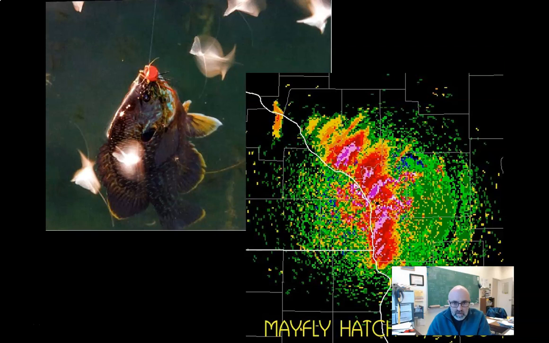And this is one other example of this. I want to say this is the Missouri River or Mississippi River, and this is Doppler radar of an emergence of some type of mayfly coming out of the river, and then probably the wind is blowing west to east, and this cloud of insects.